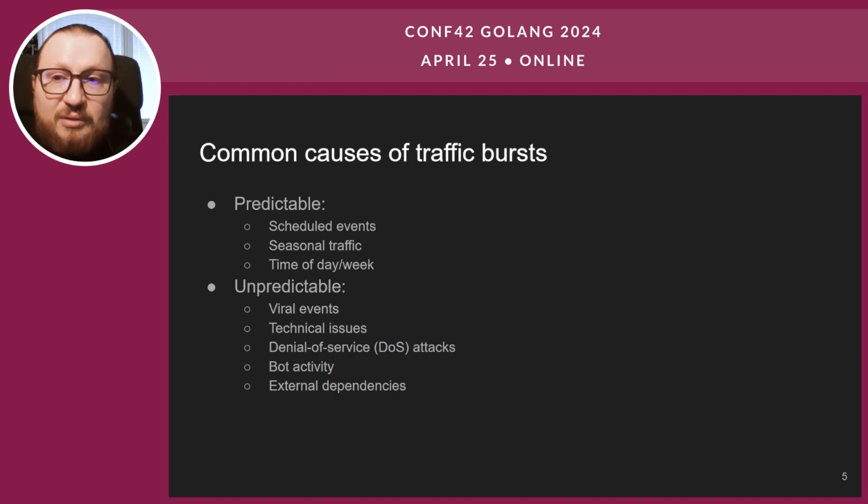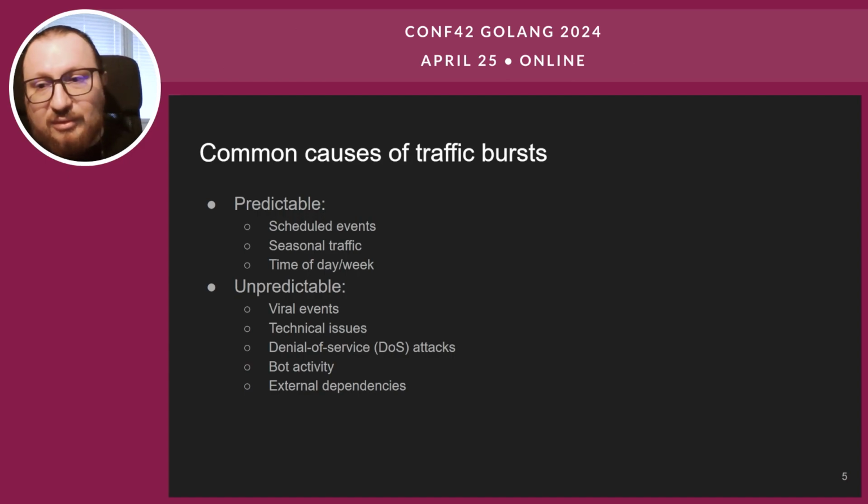For instance, if your service relies on external APIs or services, outages or slowdowns on their end can lead to a cascading effect and cause traffic spikes for your users trying to access features that depend on those external services. By understanding these potential causes, you can better prepare for traffic bursts.